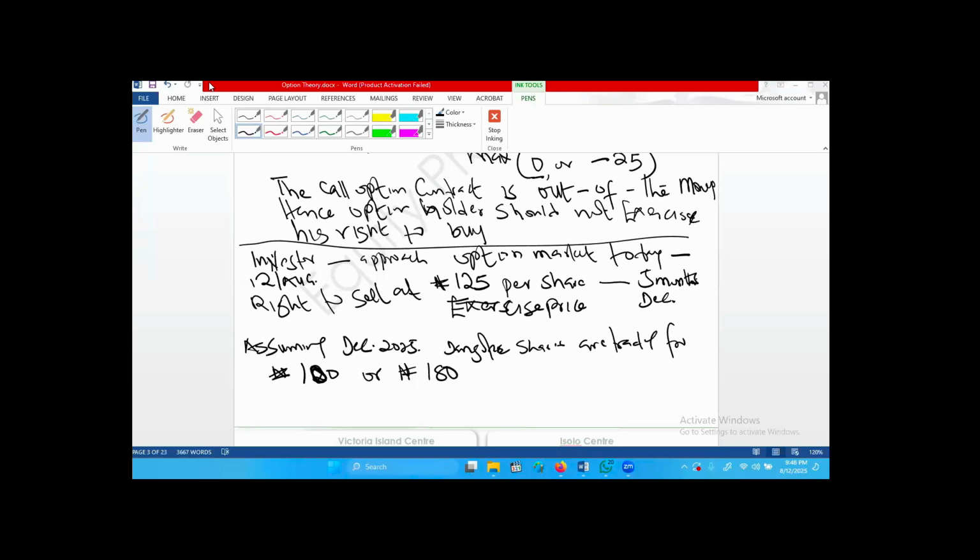In getting to December, the shares are trading for 100 naira. If you say you are going to sell at 125 what's currently worth 100 naira, you are going to be making a profit of 25 naira. The appropriate answer is yes.